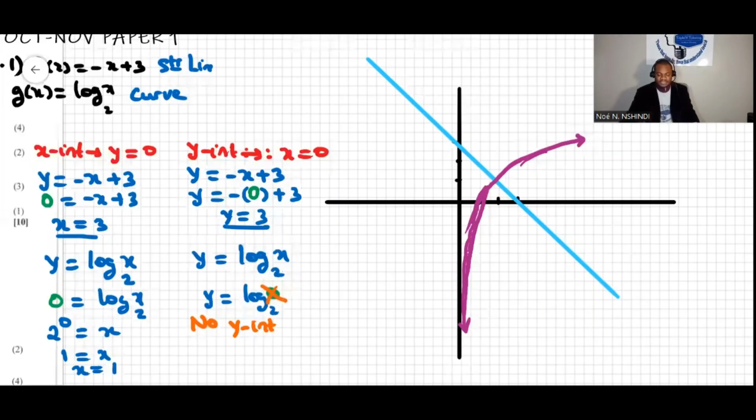So we have f of x and g of x, with intercepts at 3 and 3, and here also at 1. Now, this is the graph.